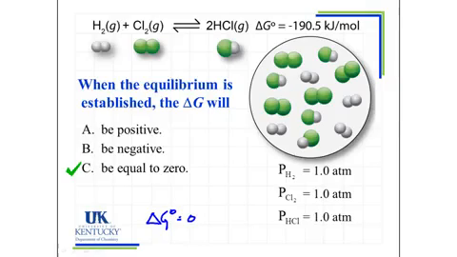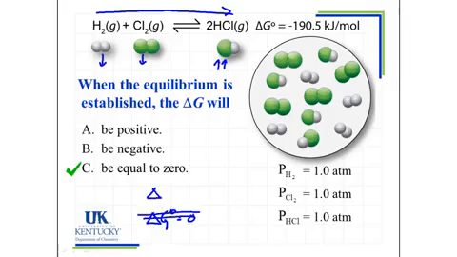Well, this reaction certainly isn't. It had a negative value. We know it'll proceed to the right. We will build up more and more of these two. We'll use up some of this and some of this, and finally it'll get to equilibrium. And when it gets to equilibrium, at that point, the delta G for the reaction, it's no longer in standard state conditions, is 0. And that is true for every reaction. Its delta G is equal to 0 at equilibrium.